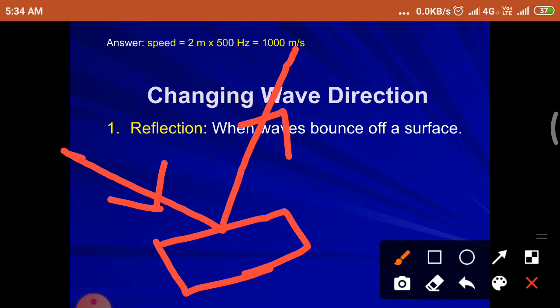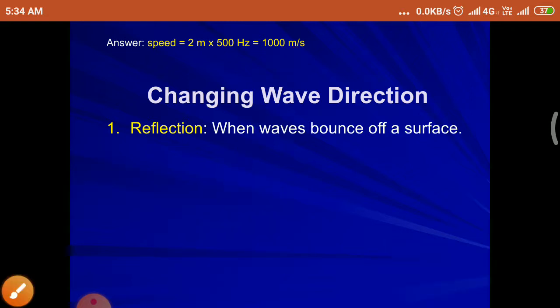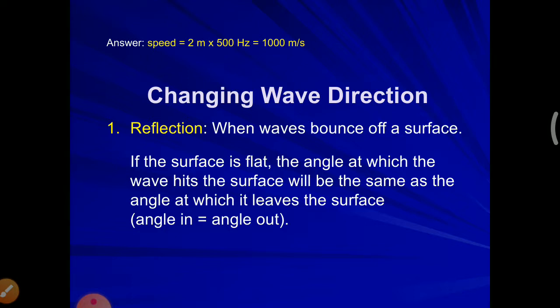So here the wave direction is changed because of the reflection. If the surface is flat, the angle at which the wave hits the surface will be the same as the angle at which it leaves the surface.